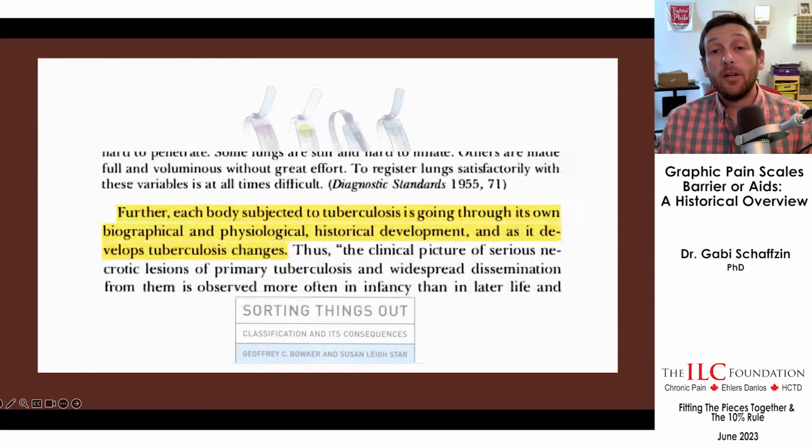In one case study, the pair take as a subject tuberculosis and look at how a disease classification can adjust over time, subsequently implicating the individual body, one that is going through its own biographical and physiological historical development, and as it develops, tuberculosis changes.